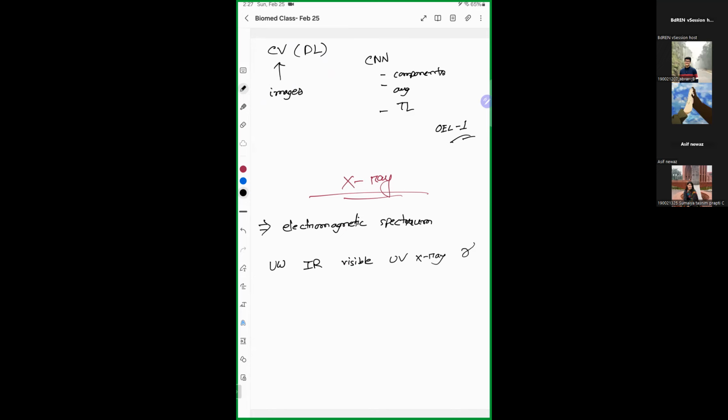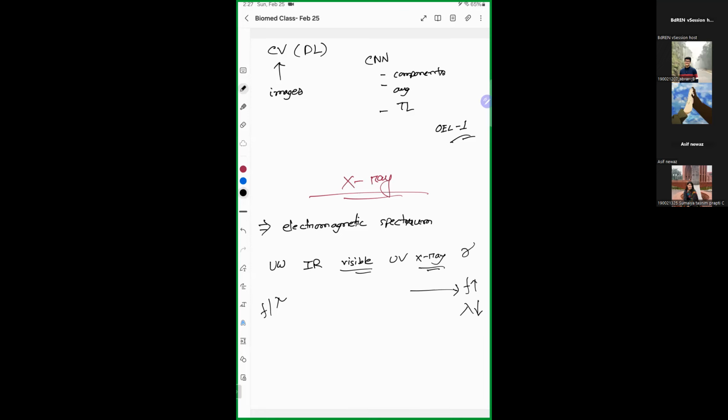So these are different lights. This is what we can see, the visible light, and this is what we are dealing with, X-ray. How are these different types different, based on what? Based on radiation frequency or wavelength. As we go rightwards, the frequency increases and the wavelength decreases.